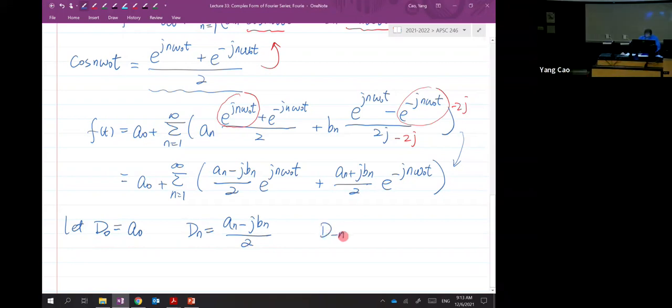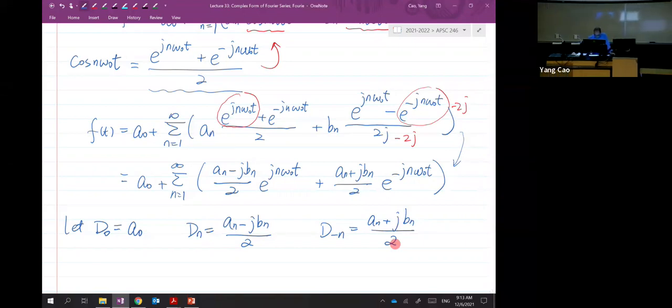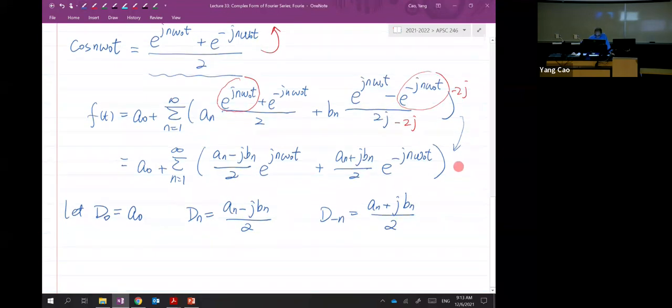And d negative n equal to (a_n plus j b_n) over 2. So if defined just like this, just to get used to the last two here.